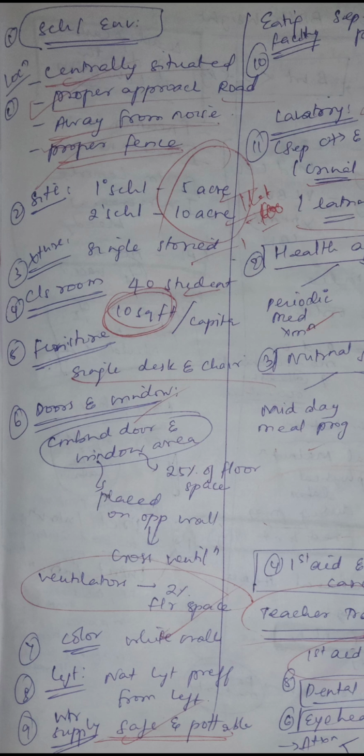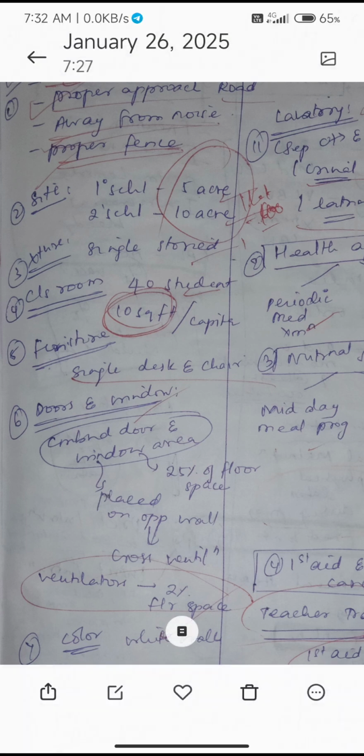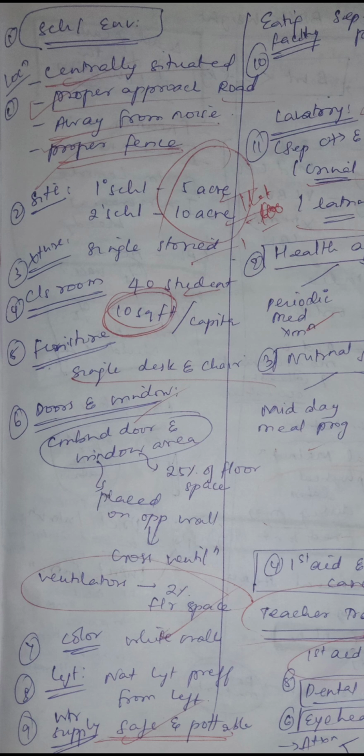Talking about furniture, it should have a single desk, and the recommended type is the minus type of desk. What is the minus type of desk? It is where the writing table is at a higher level than the sitting level. That is the recommended type of desk in India that has been asked in entrance examinations.